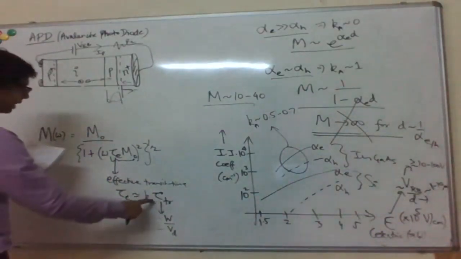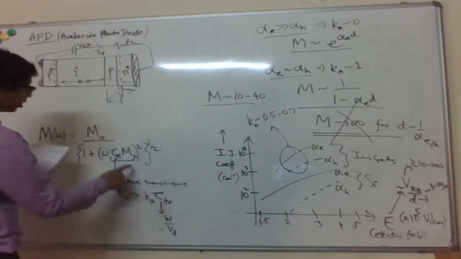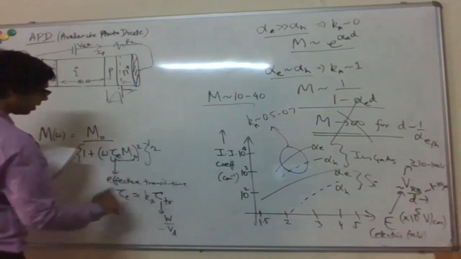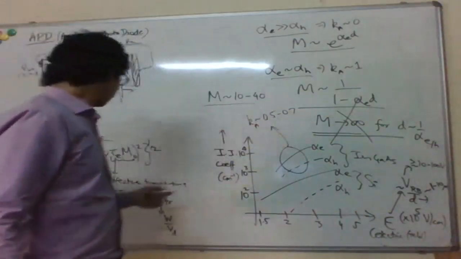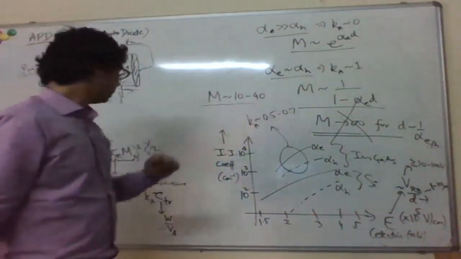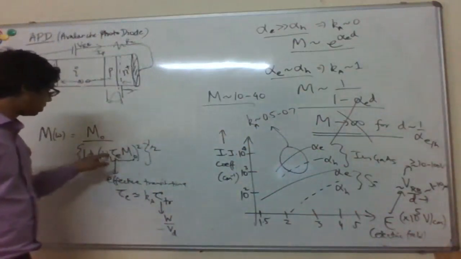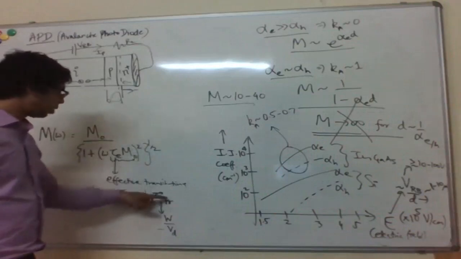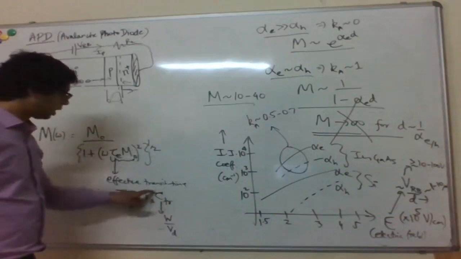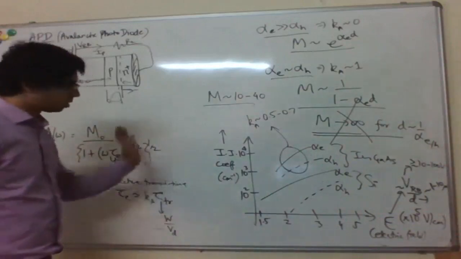So you can see that I'm increasing the transit time by a factor of M naught times Ka. If Ka is around 0.5 to 0.7 and M naught is 10 to 40, you can see that this tau E times M naught is about an order of magnitude larger than tau transit.